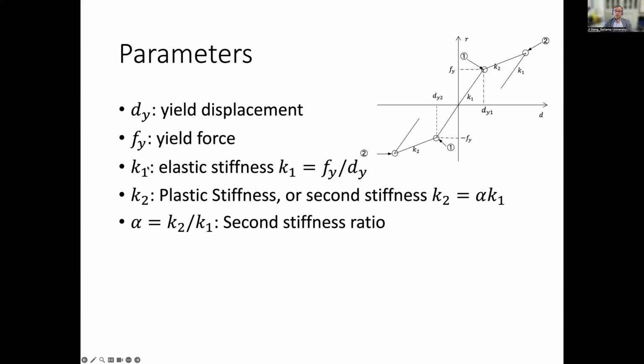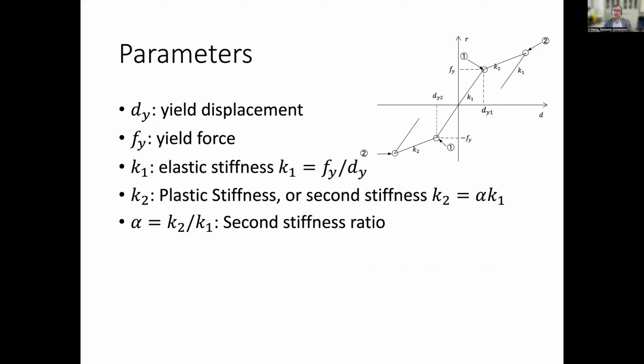So there are 1, 2, 3, 4, 5 parameters. But before we said 3 parameters, right? For the bilinear model, these 5 parameters can be calculated from each other. So you just need to know 3 of them, not any 3 of them, and you can calculate all of them.